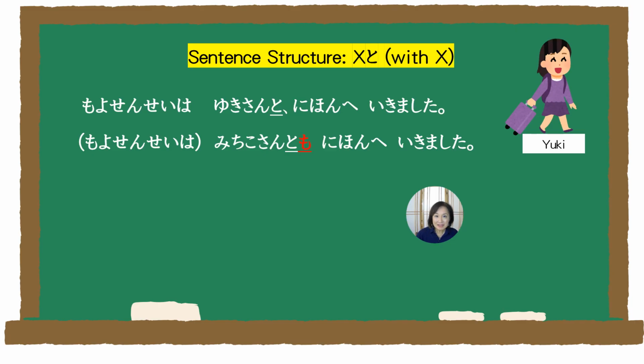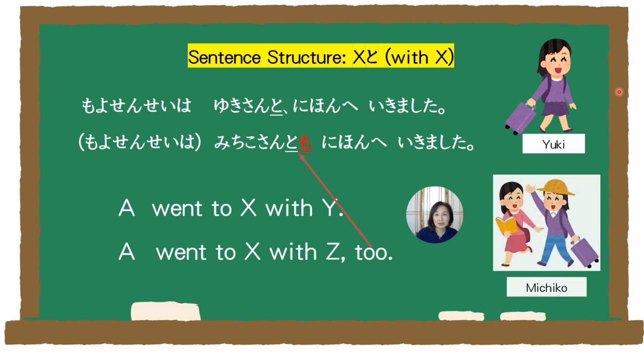The last particle that we are going to look at is と, which is used to mean together with. Let's look at this example. もよ先生はゆきさんと日本へ行きました。Moyo sensei went to Japan with Yuki. Now, how about if I also went to Japan with Michiko?